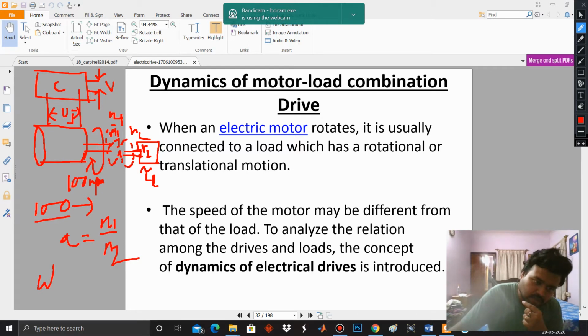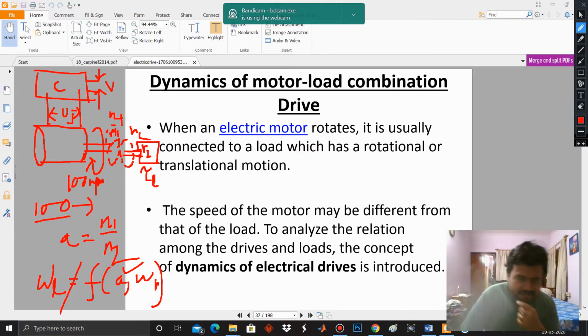So the speed of the load, that is omega L, is a function of the teeth ratio and the rotor speed omega R. So it depends on the teeth ratio. The load speed is not equal to the rotor speed.